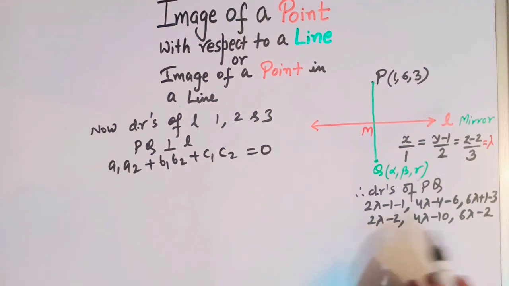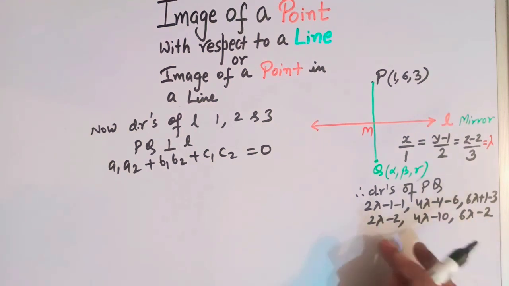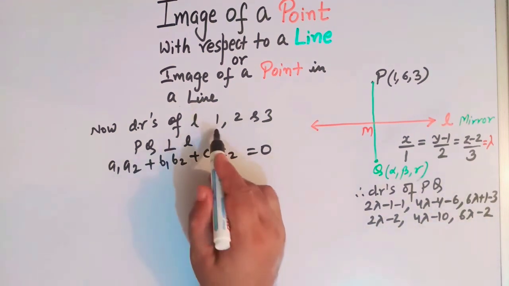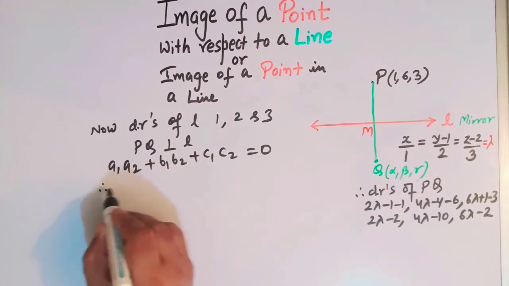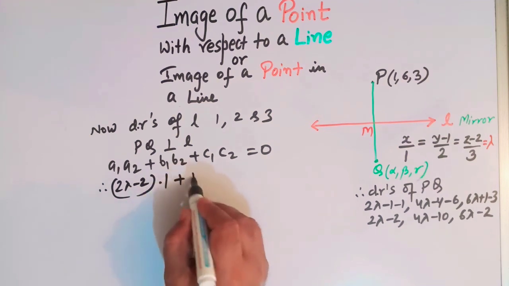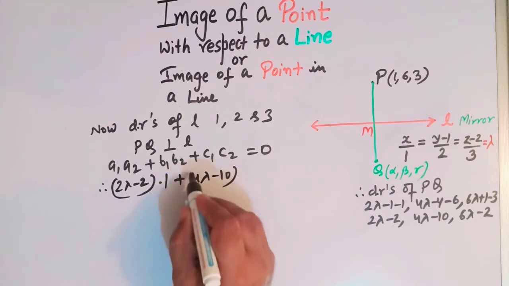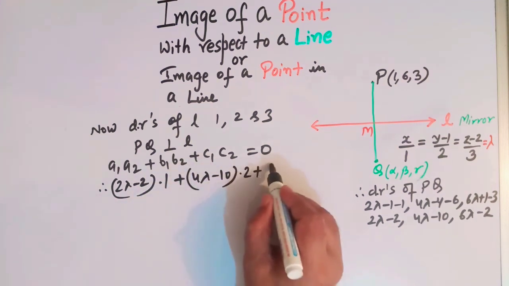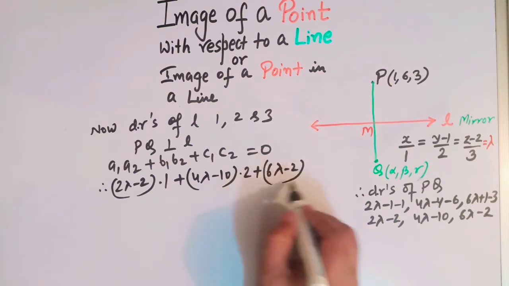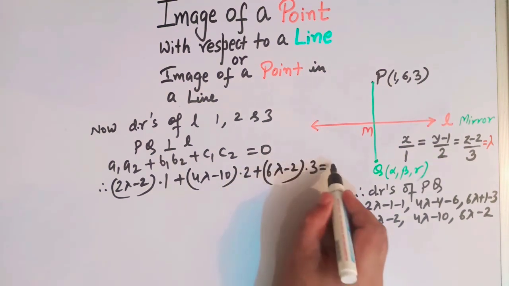So here this is A1, B1, C1, this is A2, B2, C2. Therefore we have 2 lambda minus 2 times 1, 4 lambda minus 10 times 2, and 6 lambda minus 2 times 3 is equal to 0.